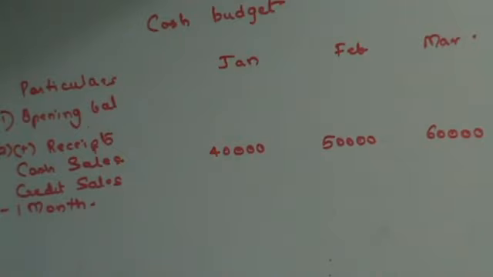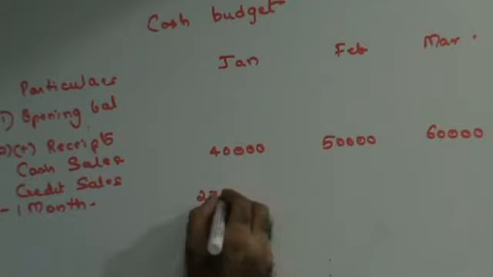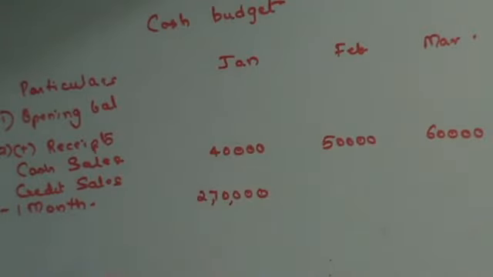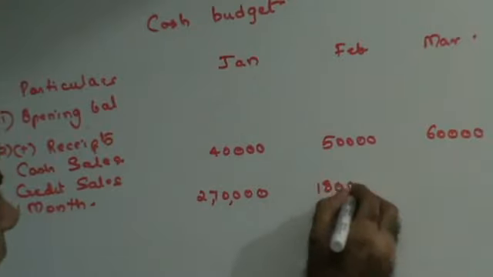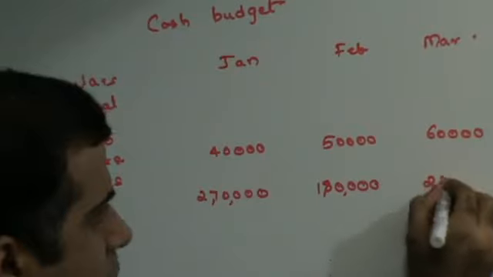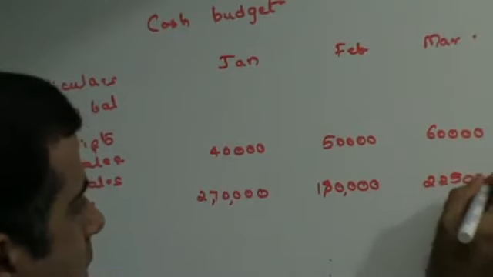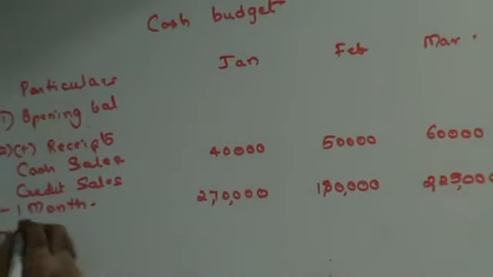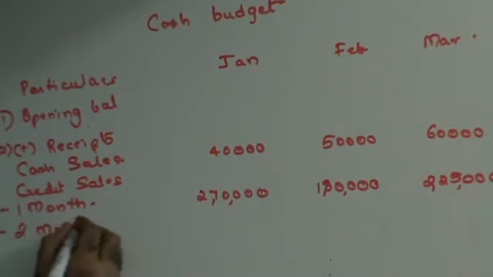That means December's payment I'm going to get in Jan. So that is 2,70,000. Right? Jan's payment I'm going to get in Feb. That's 1,80,000. And Feb's payment I'm going to get in March. That's 2,25,000.